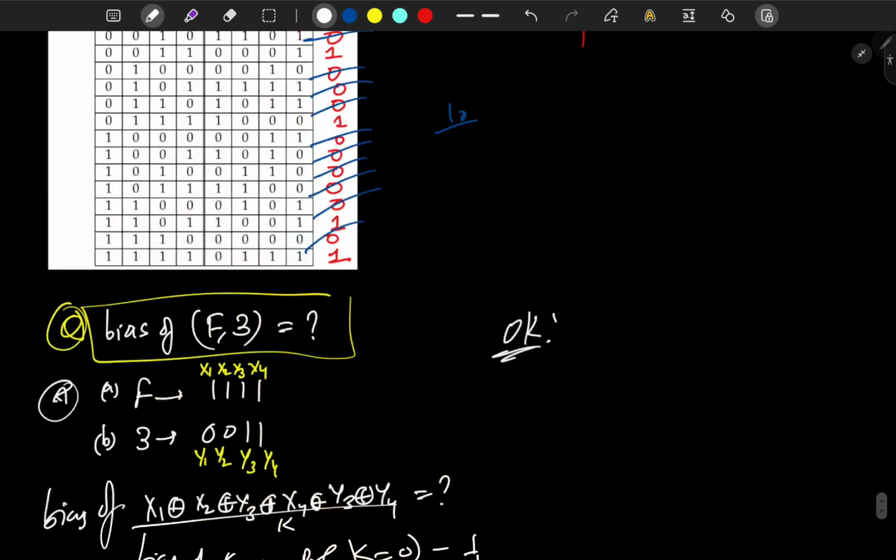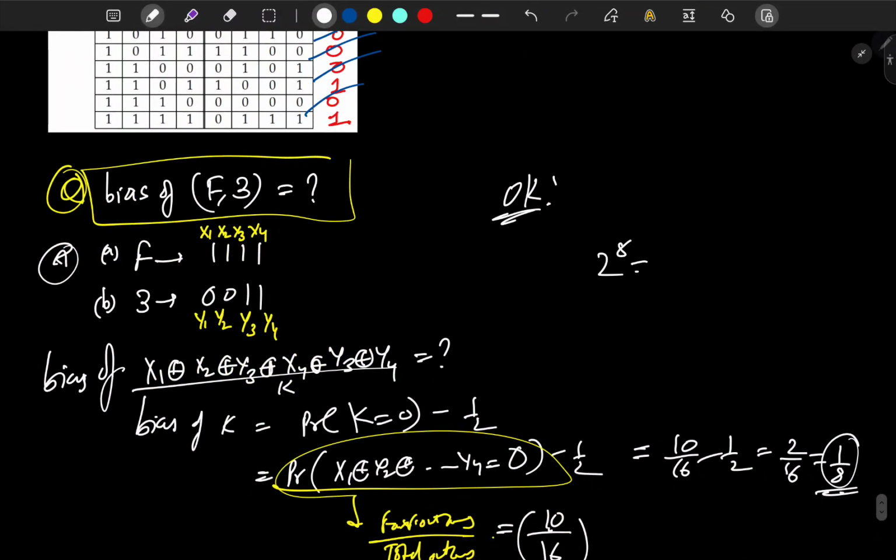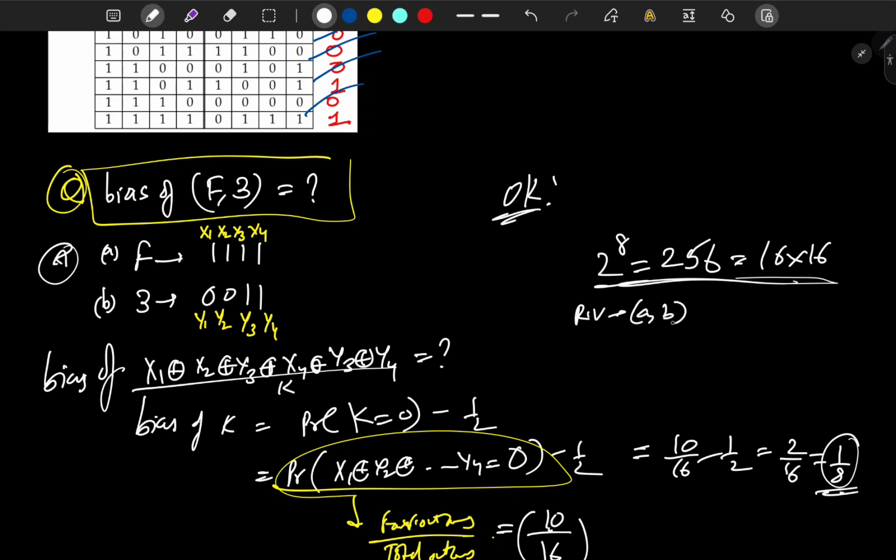So similarly you can find the bias of others. Now tell me how many random variables are possible. All the combinations of random variables are possible, 2 power 8, which can be written as 16 into 16. Since a random variable is denoted by a comma b, where a and b are hex digits, how many total hex digits are possible? 16.